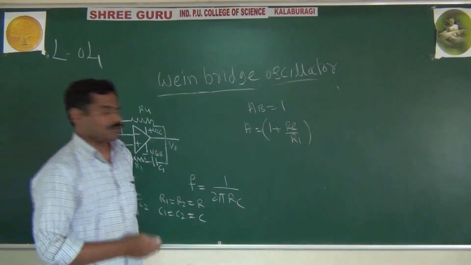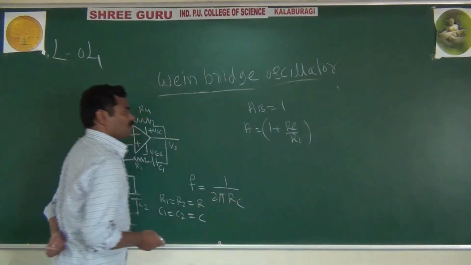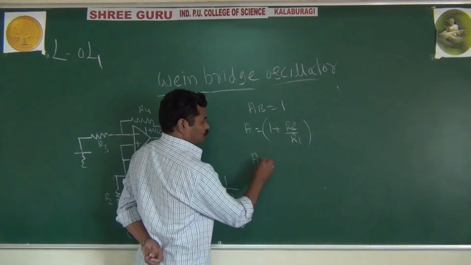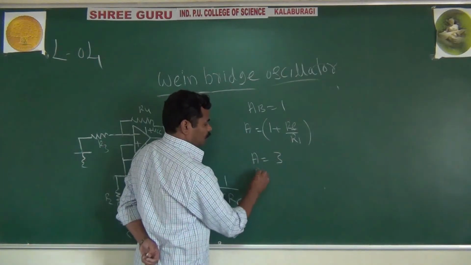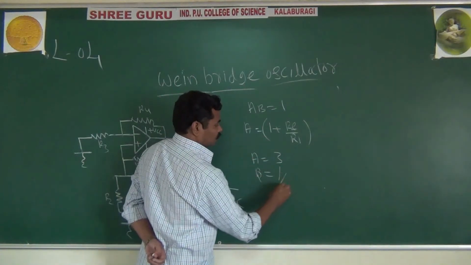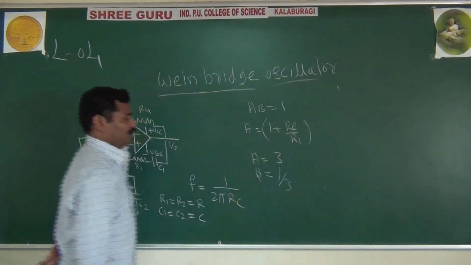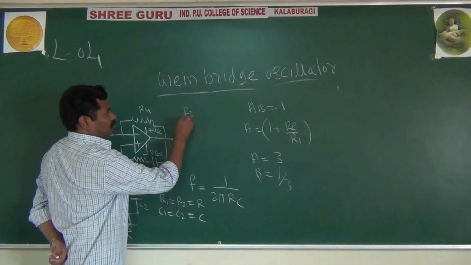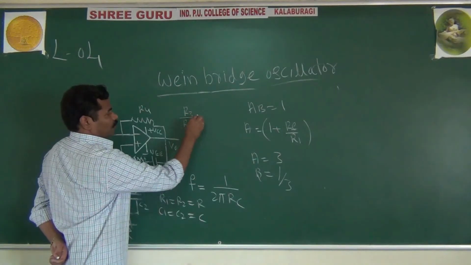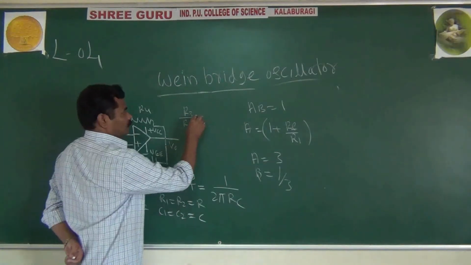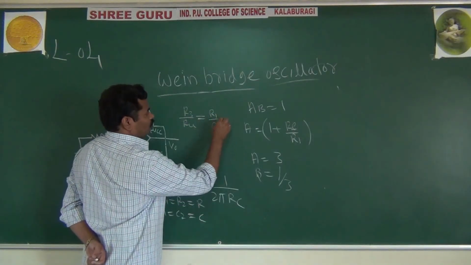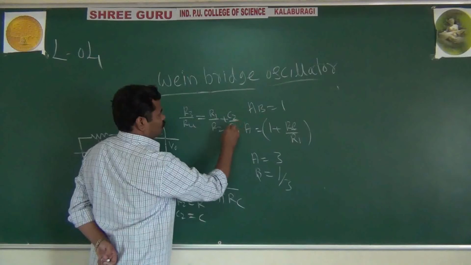Now we can consider that A is equal to 3 and beta equal to 1 by 3. How will you get A equal to 3? For that you can take R3 by R4 equal to R1 by R2 plus C2 by C1.